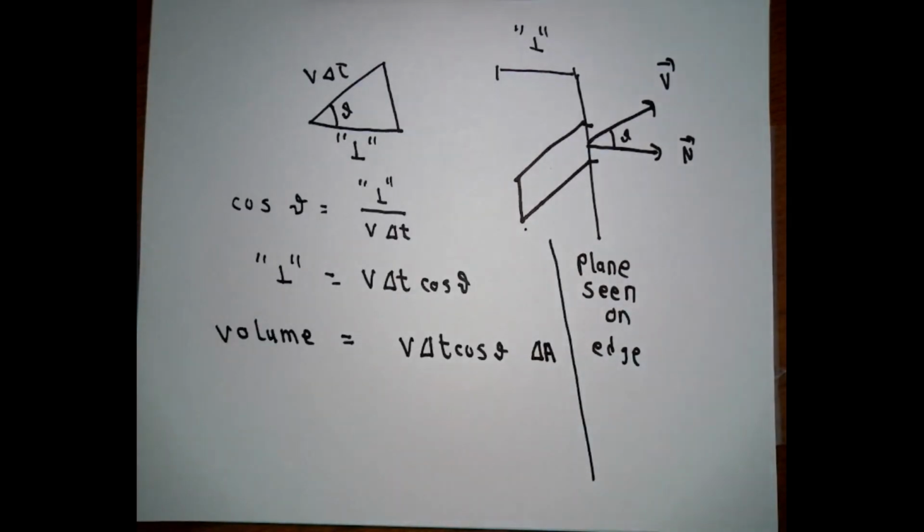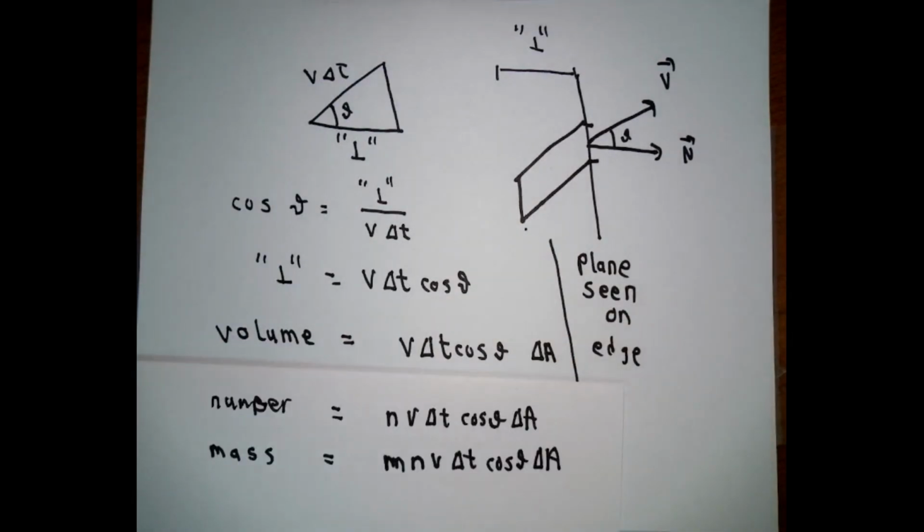But remembering my trigonometry, it's not very difficult to figure out that the volume is the speed times delta t times cosine theta times the little bit of area that corresponds to the piece of the plane that I'm looking at.